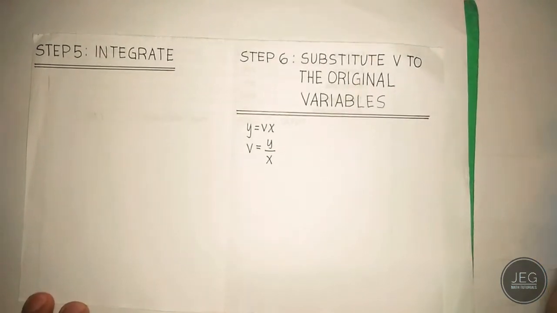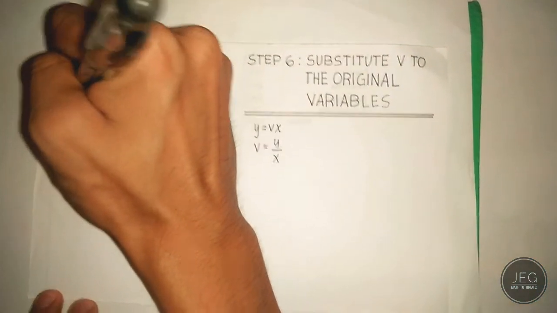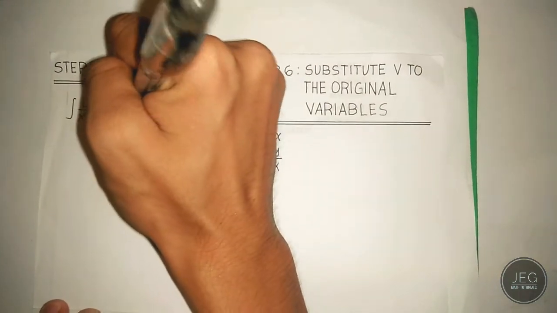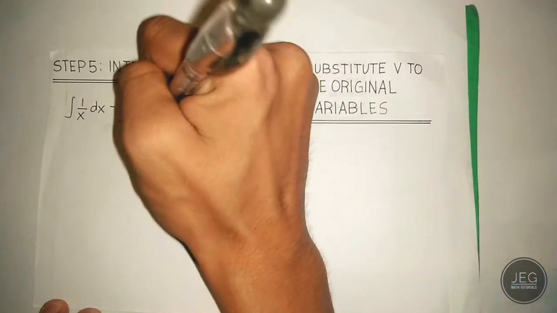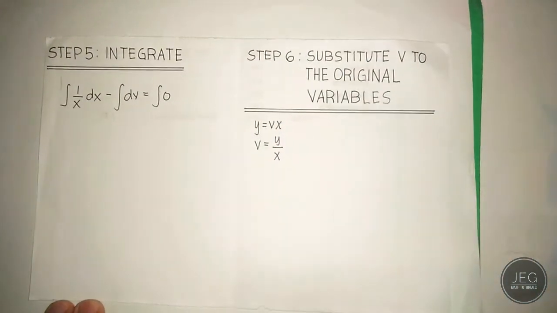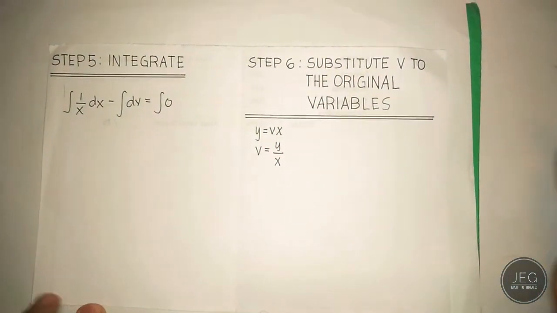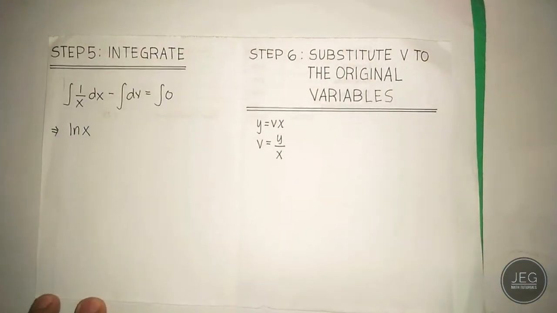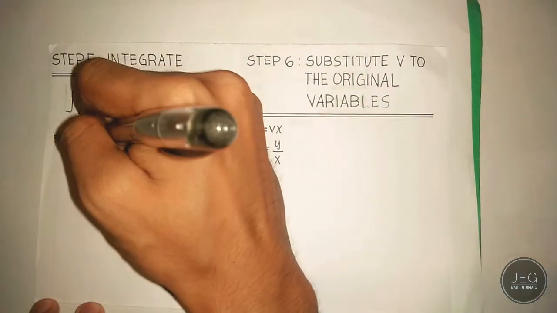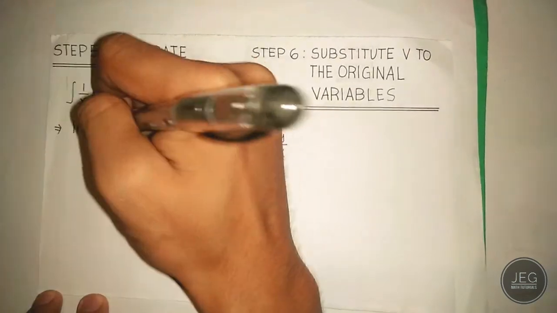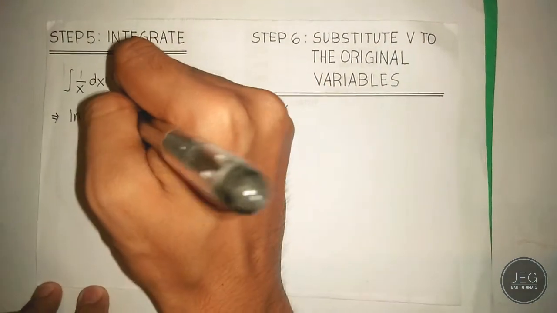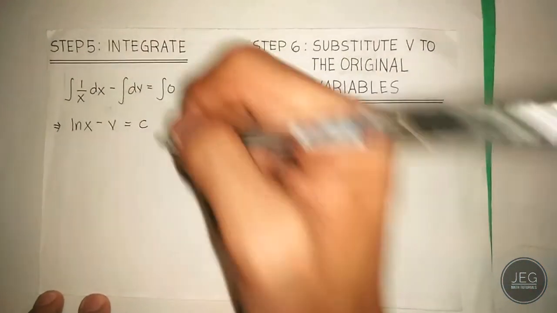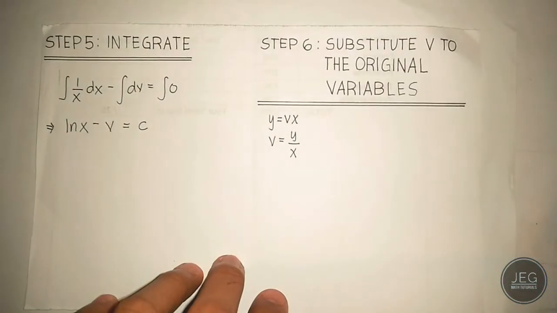Step 5 is integrate. The integral of 1 over x dx is ln x minus the integral of dv is v, is equals to the integral of 0, which is c.